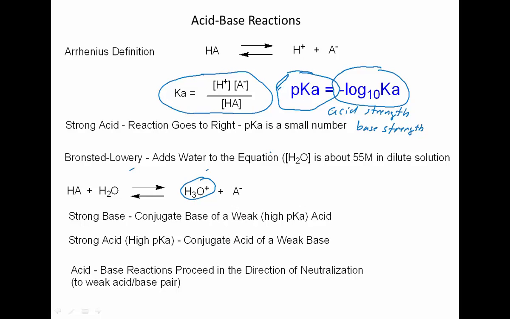A strong base is a conjugate base of a weak acid, or an acid that has a high pKa. A strong acid has a low pKa, and it's the conjugate acid of a weak base. And another important consideration is that acid-base reactions are going to proceed in the direction of neutralization to the weak acid-weak base pair.